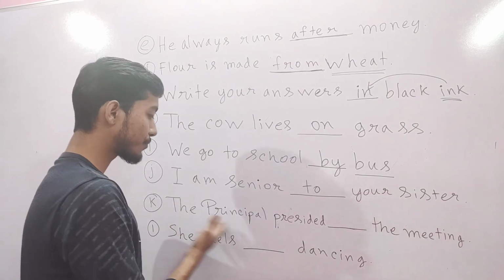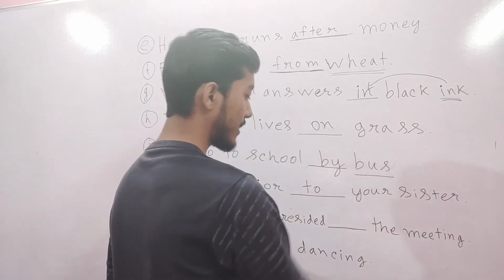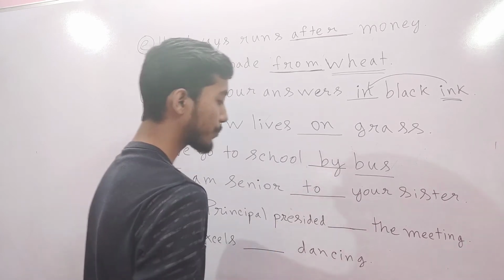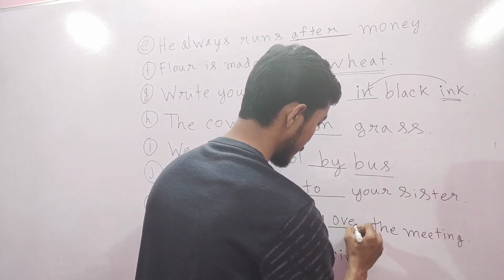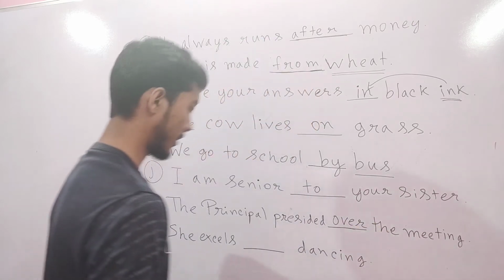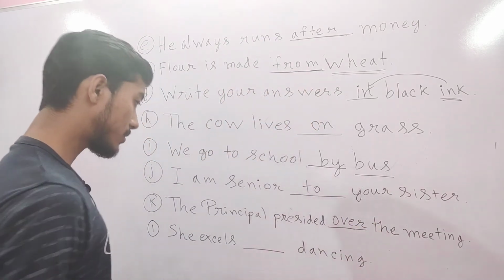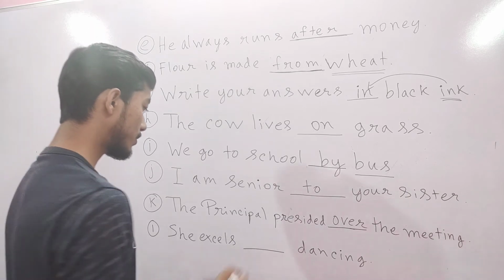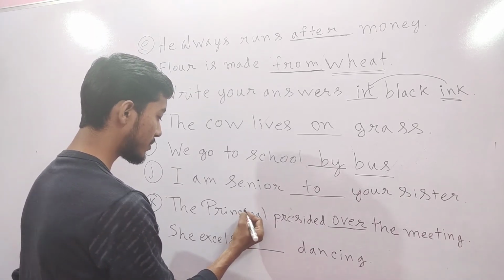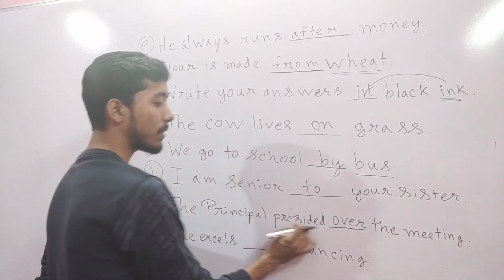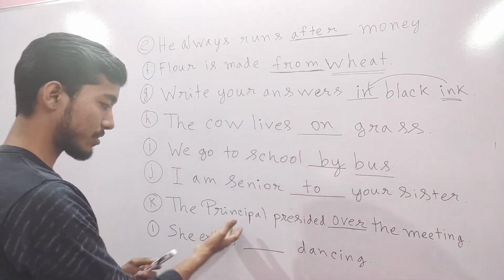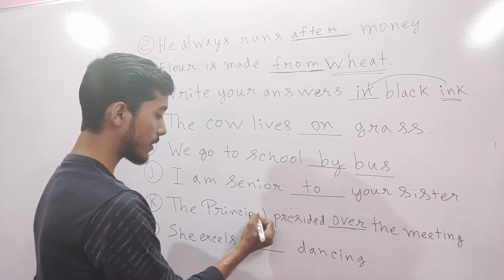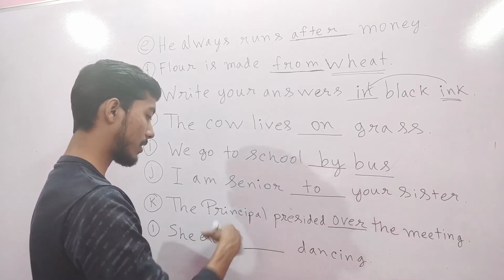Next question. The principal presided dash the meeting. The principal presided over the meeting. Now in this also we don't have any formula to remember. Just remember the sentence: the principal presided over the meeting. Or there may be any person, may be principal, may be teacher, may be anybody else.